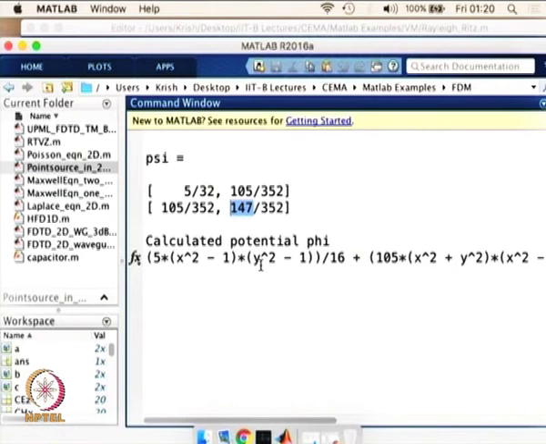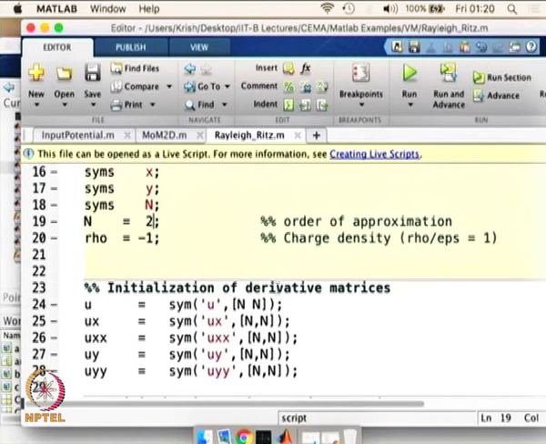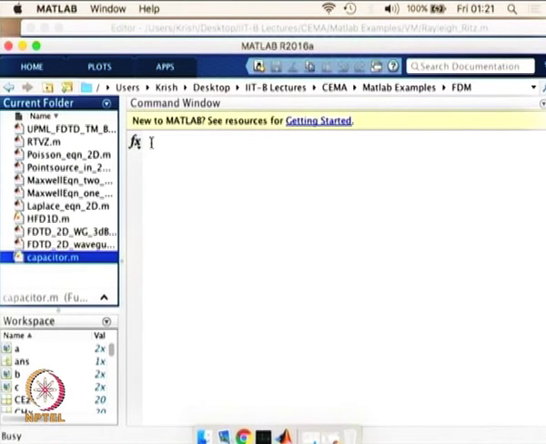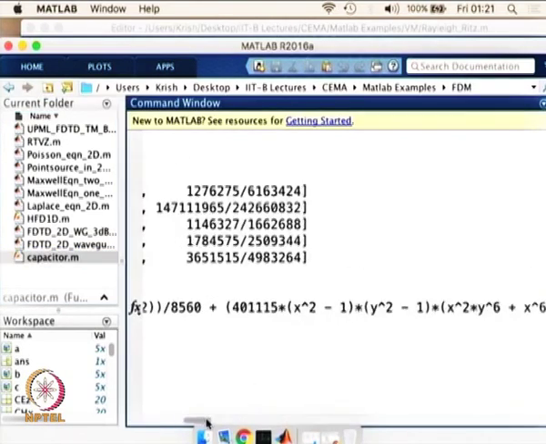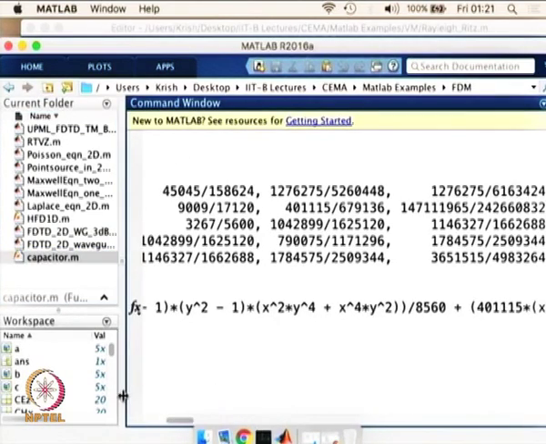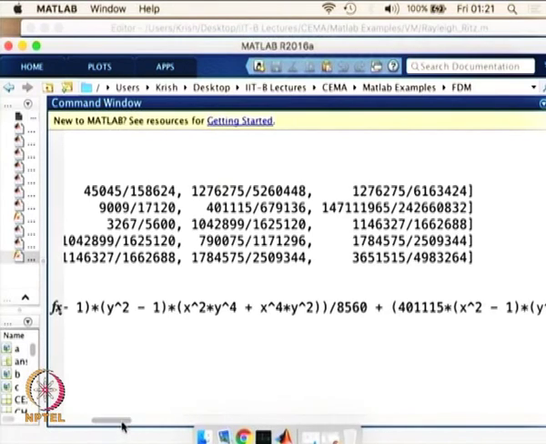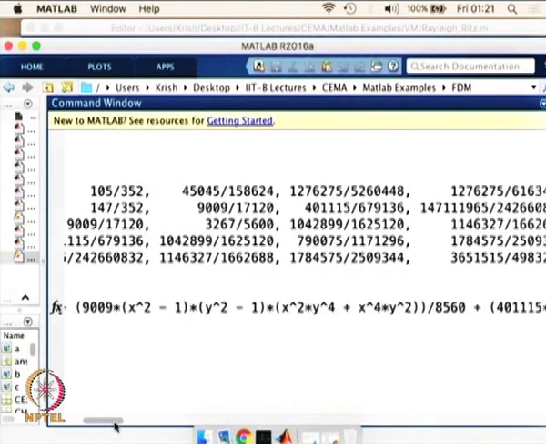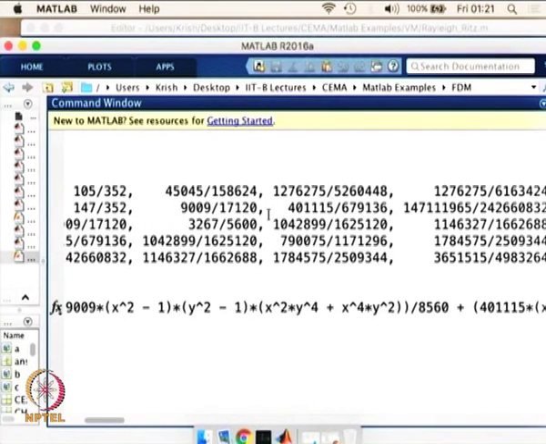So anyway, this is the way we have computed it for n equal to 2, and you can go to higher orders. The beauty of doing it with the symbolic toolbox is it allows you to have different orders. So for example, if you have n equal to 5, you simulate the program, what you will get is 5 terms on the leading diagonal for C, so one term here, one term here, one term here, one term here, and one term here.